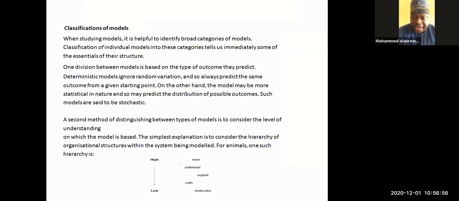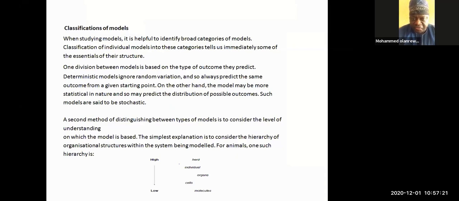Deterministic models ignore random variation, and so always predict the same outcome from a given starting point. On the other hand, models may be more statistical in nature, and so may predict the distribution of possible outcomes. Such models are said to be stochastic.